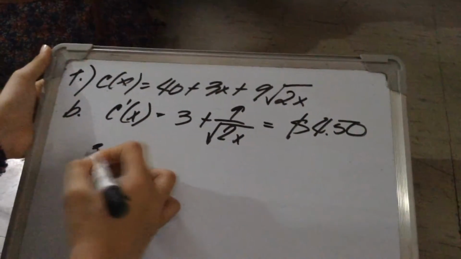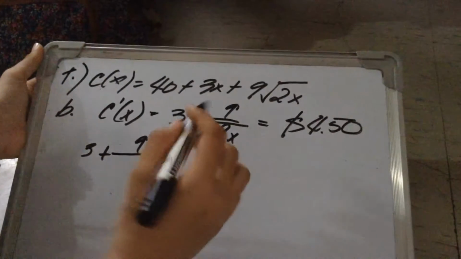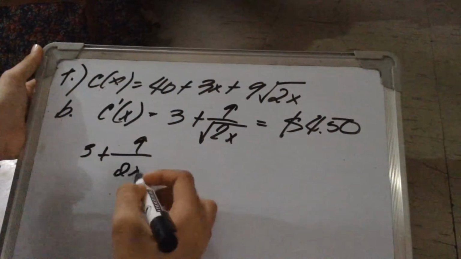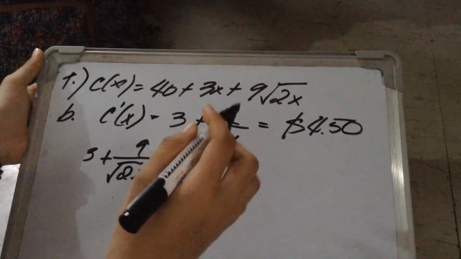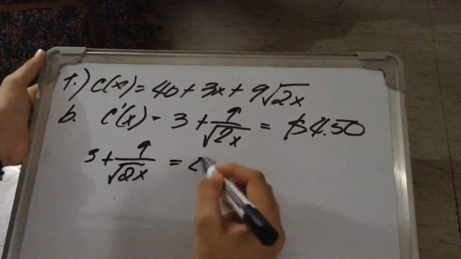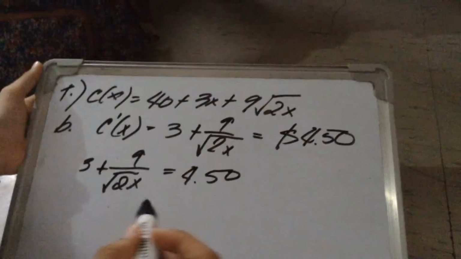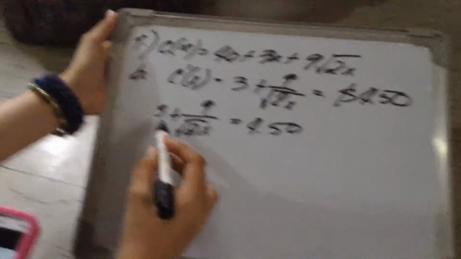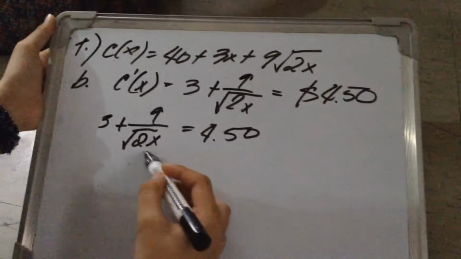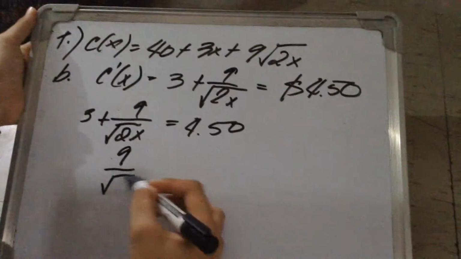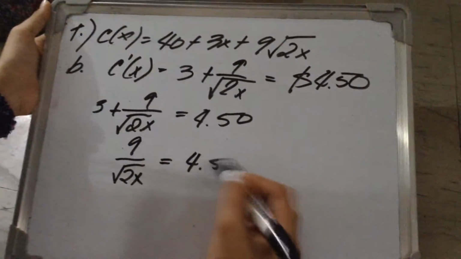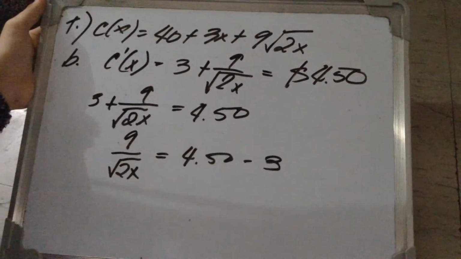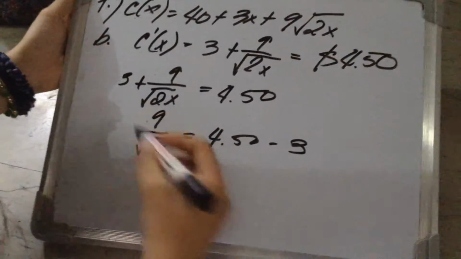We have to transpose 3 from the left side to the right side, and that would make 9 over the square root of 2x equals 4.50 minus 3.